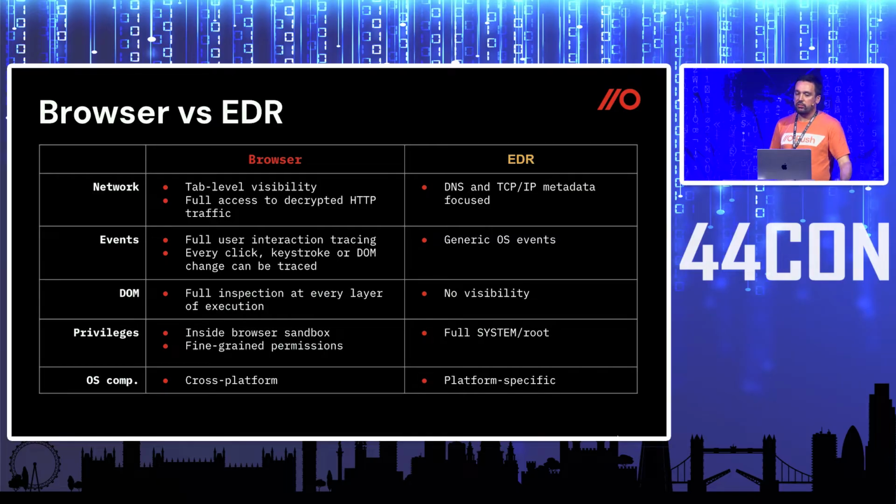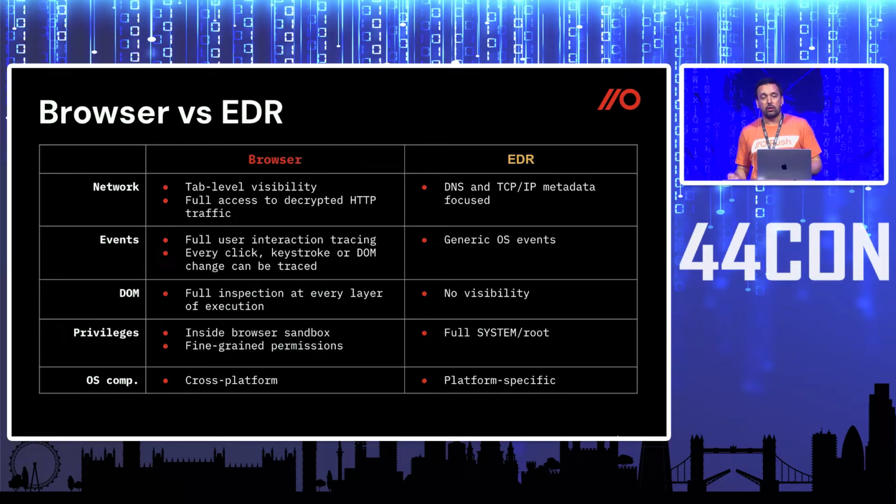So coming back slightly to the EDR point, the browser versus EDR. At the network level, obviously EDR is more OS orientated, so you see things like DNS, you see things like TCP/IP metadata. But from within the browser, you've got tab-level visibility. You know what's going on in each different tab. It's not one sort of homogeneous chunk. And you've got full access to the decrypted HTTP-level traffic because you're sitting at a different abstraction layer.